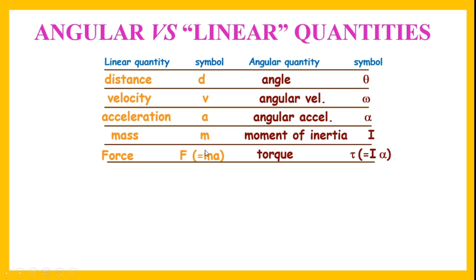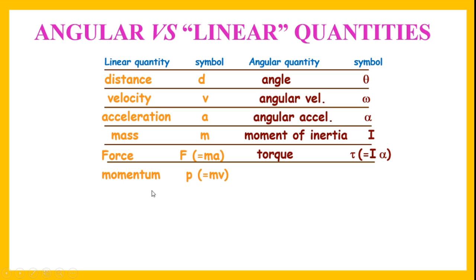The same is the relation: F equals m into a, and when we convert these terms into angular quantities, they are moment of inertia and angular acceleration. Hence torque is equal to moment of inertia into angular acceleration, that is, tau equals I alpha. This is the relation between angular quantities and linear quantities.